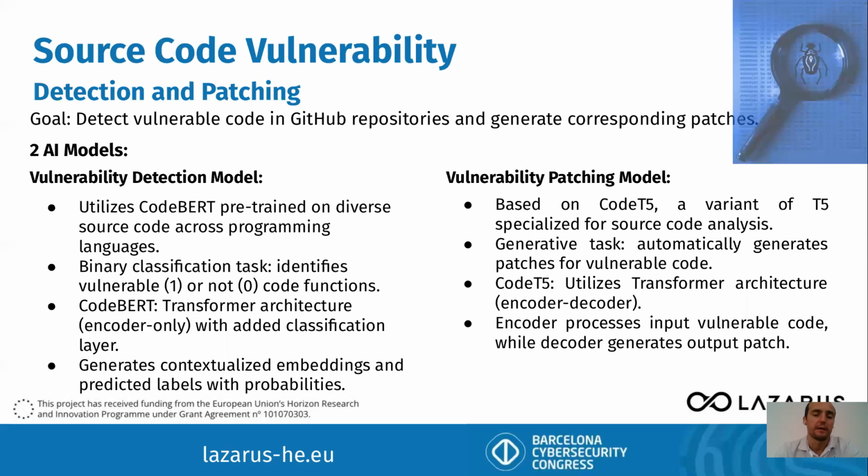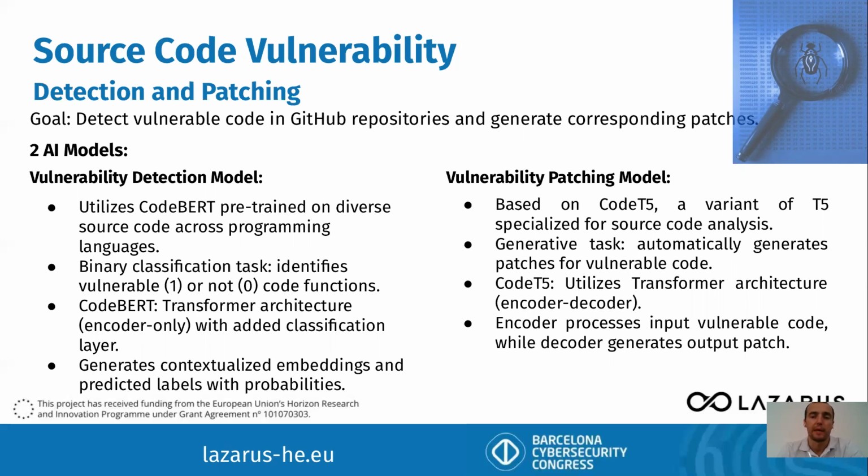Once the vulnerability is detected, it also generates the most likely secure patch for the given vulnerability. Of course, those patches need to be manually reviewed by a human, or also be tested in a more dynamic environment to ensure that the patch is correct, doesn't break other functionality, and also fixes the vulnerability.